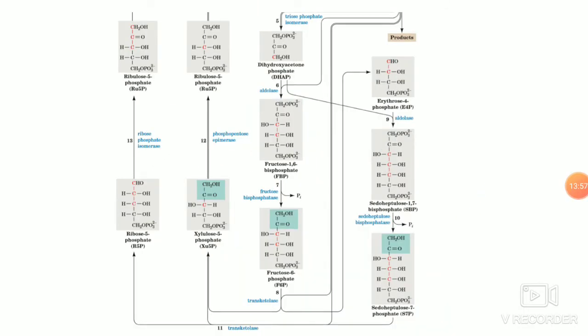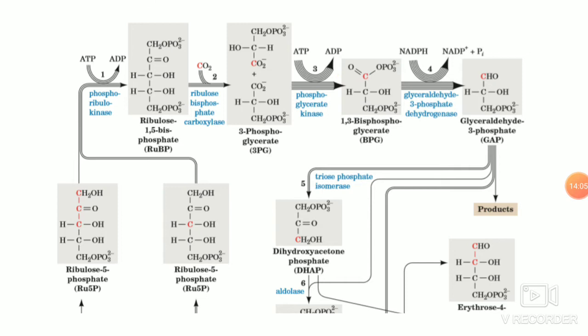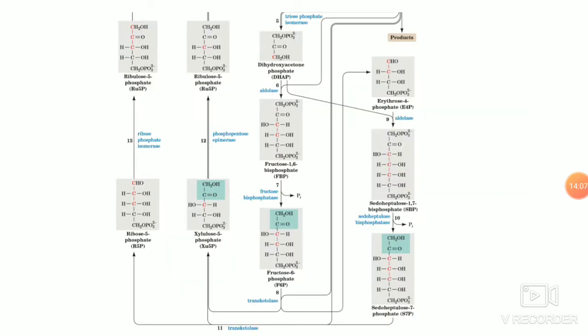Now this sedoheptulose 7-phosphate is converted to one molecule of ribose 5-phosphate and one molecule of xylulose 5-phosphate. Now the fructose 6-phosphate is also converted to one molecule of xylulose 5-phosphate.